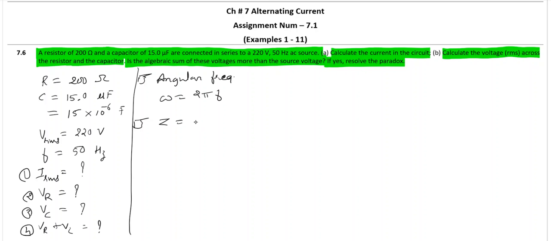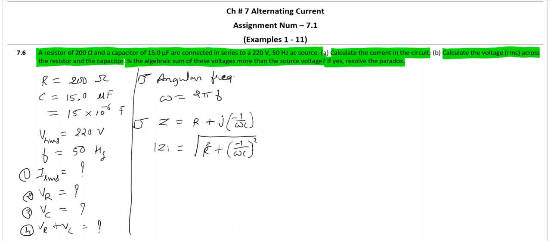For an RC circuit, we know that impedance is R plus j times minus 1 by omega C. Or else mod Z, if you are interested in, it is the square root of R square plus (1 by omega C) whole square. Negative sign won't make much difference because we are taking square. So find out mod Z.